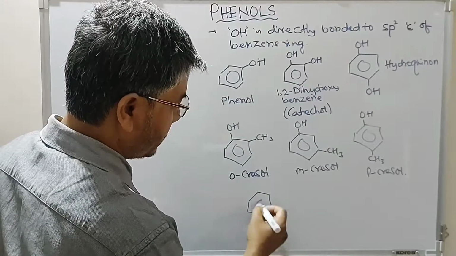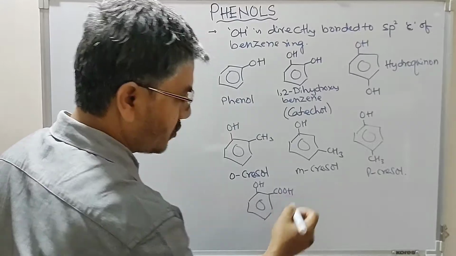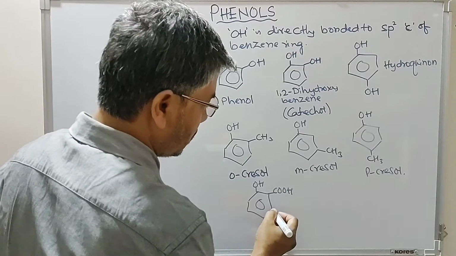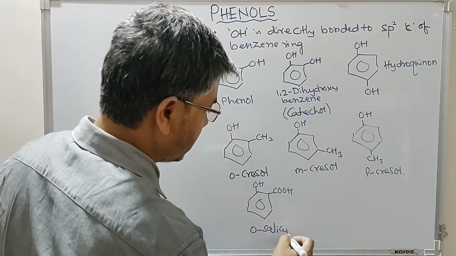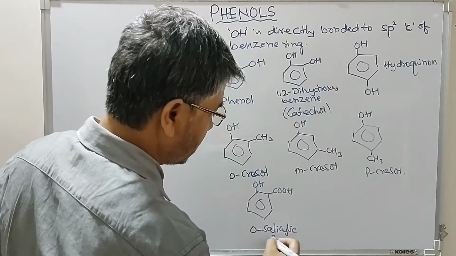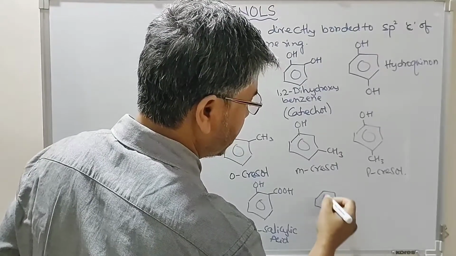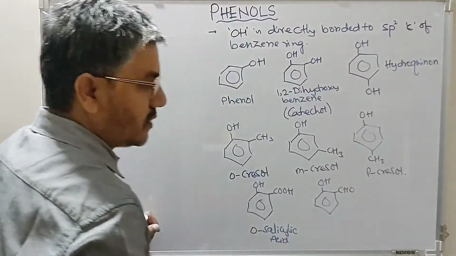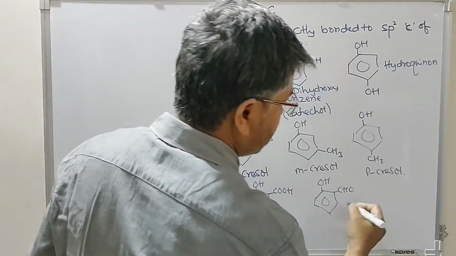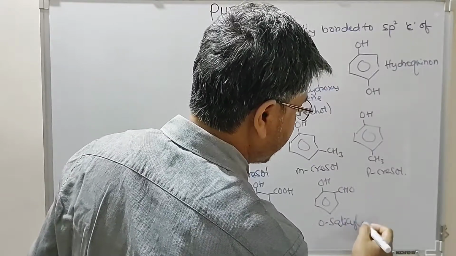We have OH and COOH at ortho position. This is known as ortho-salicylic acid. Similarly, we can have a look at this CHO group at ortho position, ortho-salicylaldehyde.